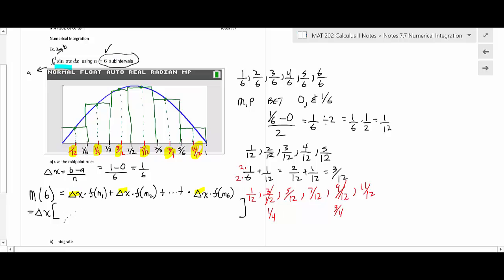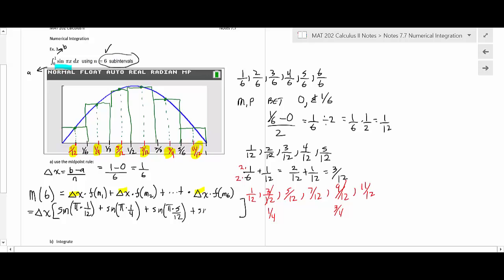Okay, so the first one is going to be the sine of pi times the first midpoint, which is 1/12 like that. Okay. Then the second one, we're going to have sine of pi times 1/4. Okay, and then so forth. Then we go sine of pi times 5/12.